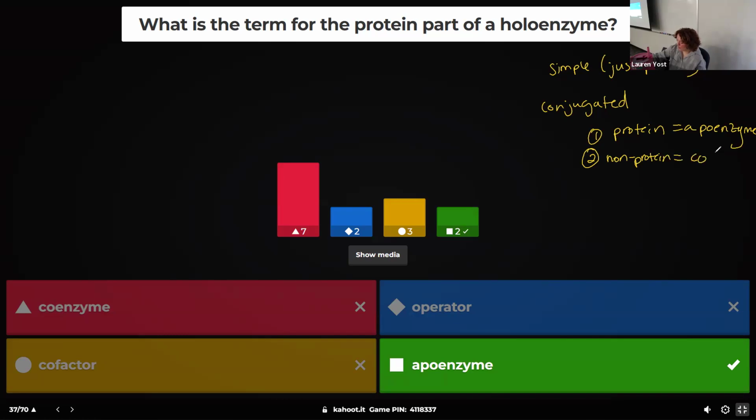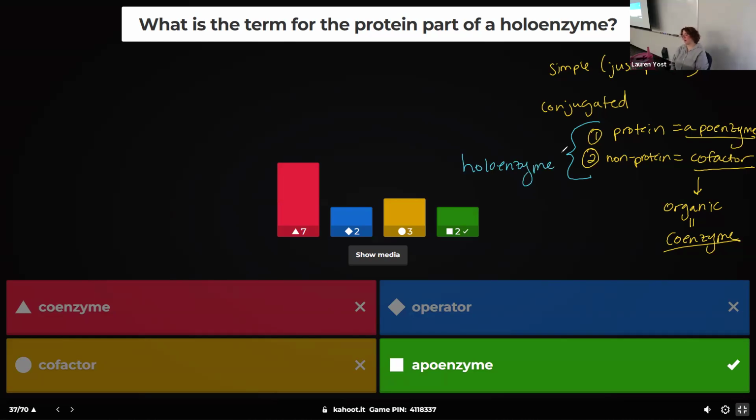This is called the cofactor. If the cofactor is an organic molecule, meaning we've got carbon bound to hydrogen somewhere on it, then we would call that a coenzyme. The whole entire thing, protein plus cofactor, is called the holoenzyme. And this is for conjugated enzymes.